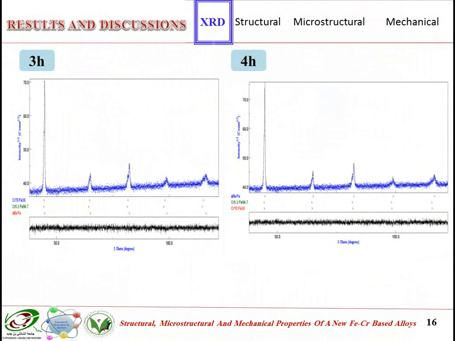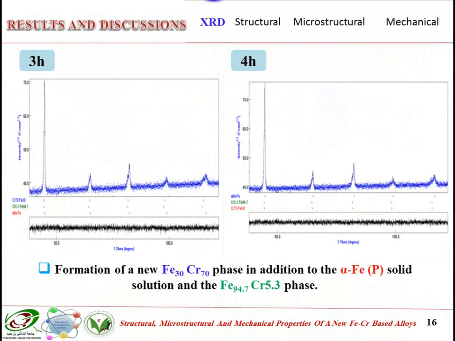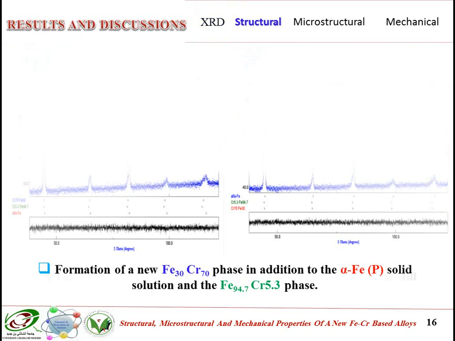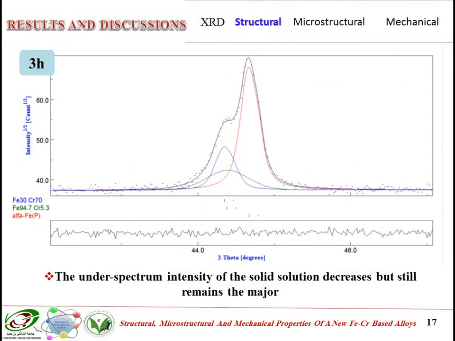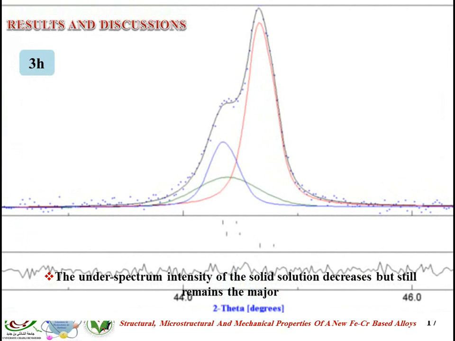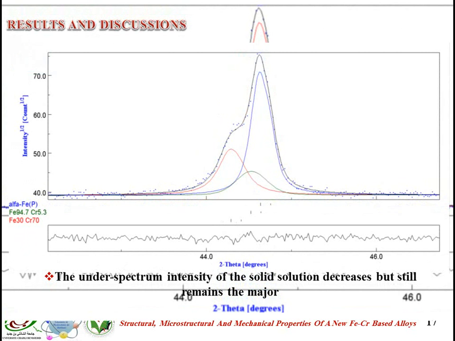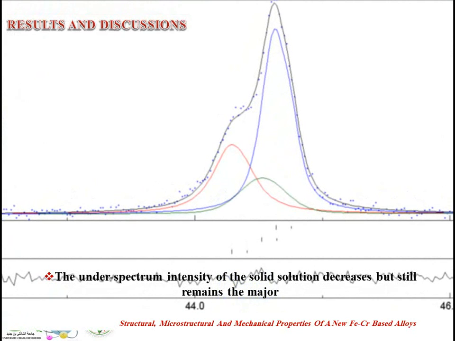After 3 hours and 4 hours of milling, we see formation of a new iron 30 chromium 70 phase in addition to the alpha iron P solid solution and the iron 94.7 chromium 5.3 phase. The subspectrum intensity of the solid solution decreases but still remains the highest one.